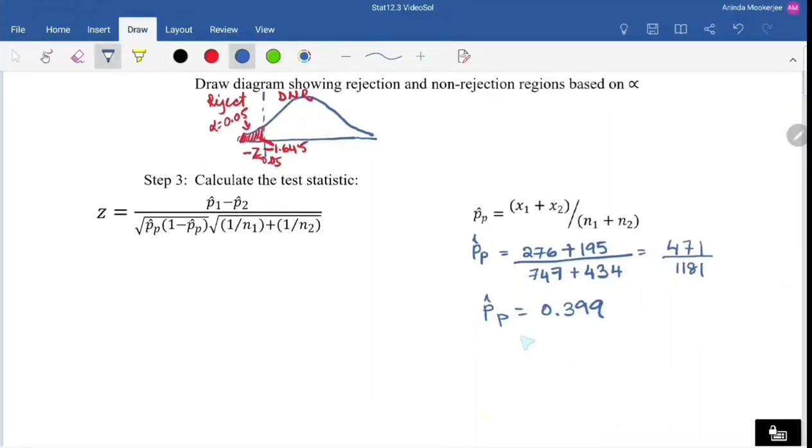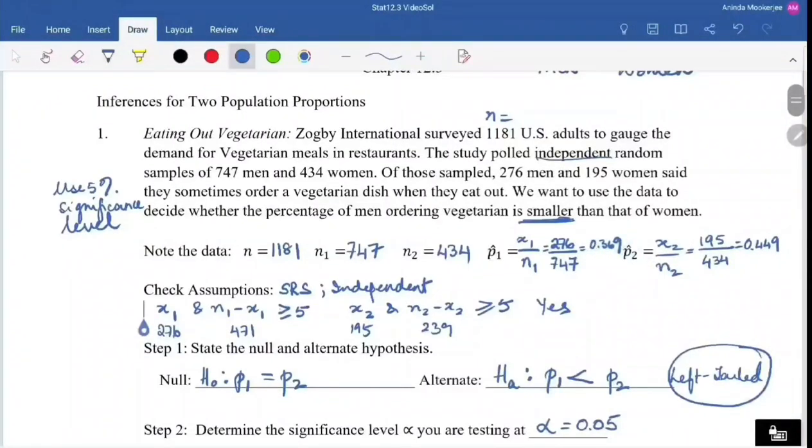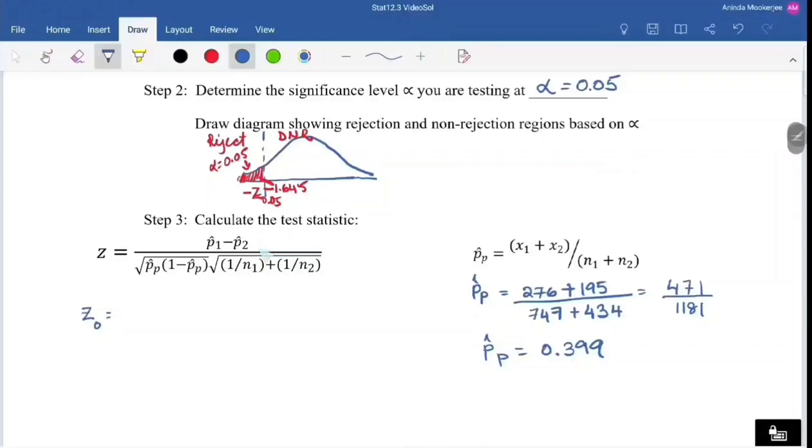Now that we have a value for p hat sub p, let's plug in the values in the formula to find z sub 0. Z sub 0 is going to be p hat sub 1, which we found here, 0.369. So for the numerator, we are using the p hat sub 1 and the p hat sub 2 values.